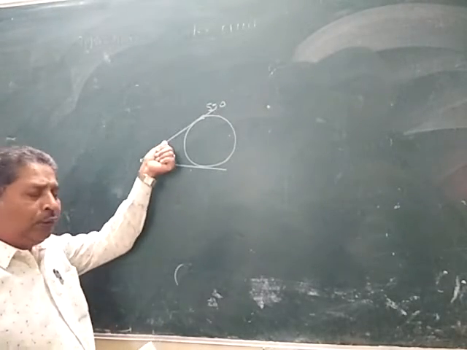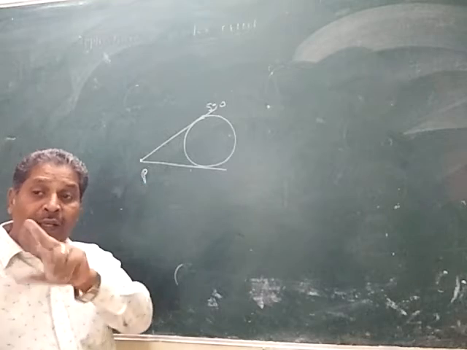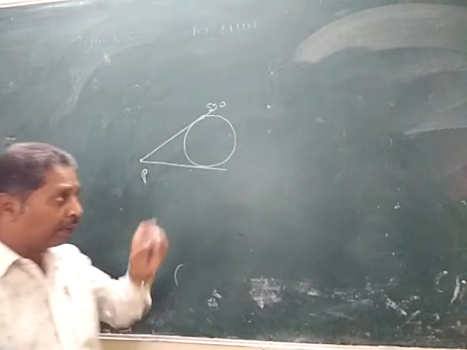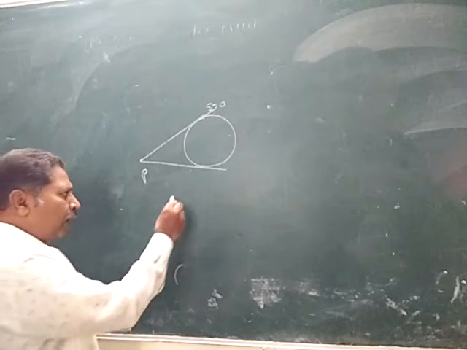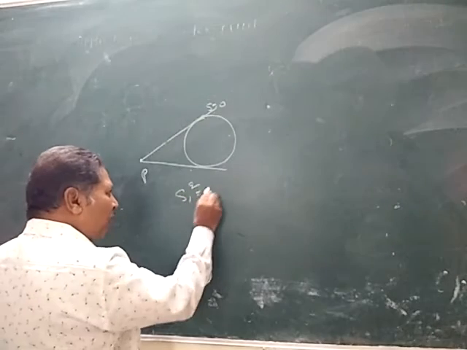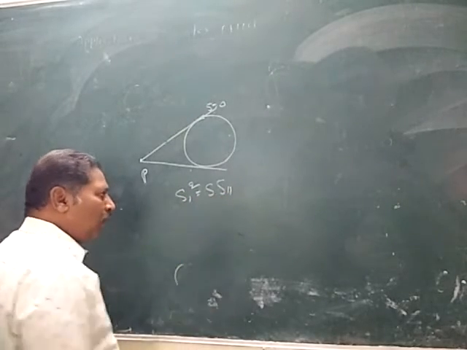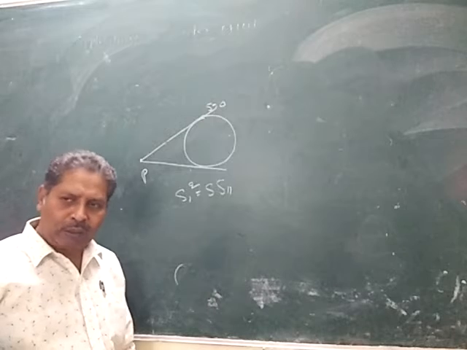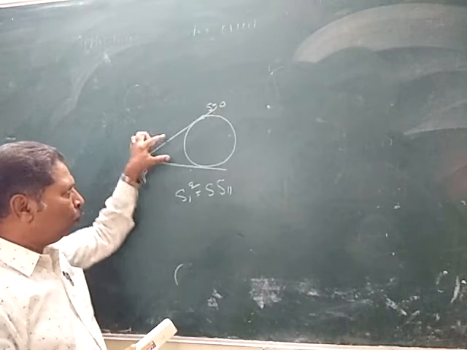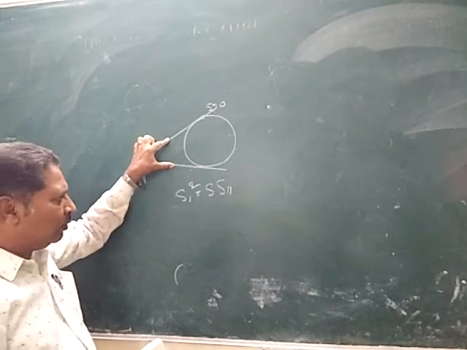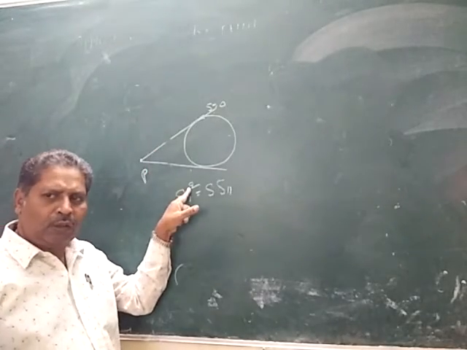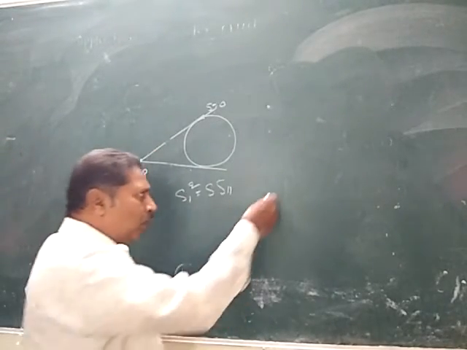So, the equation of the pair of tangents is S1 squared equal to S into S11.